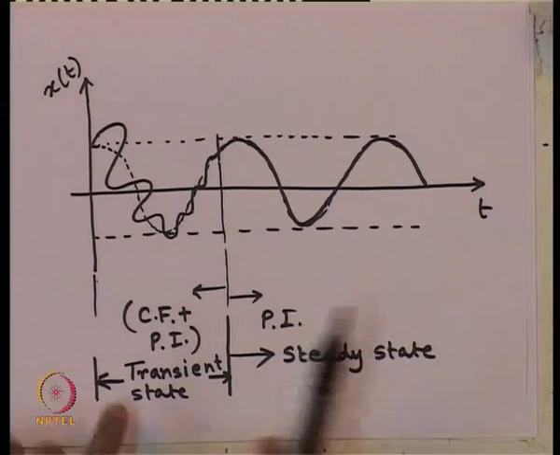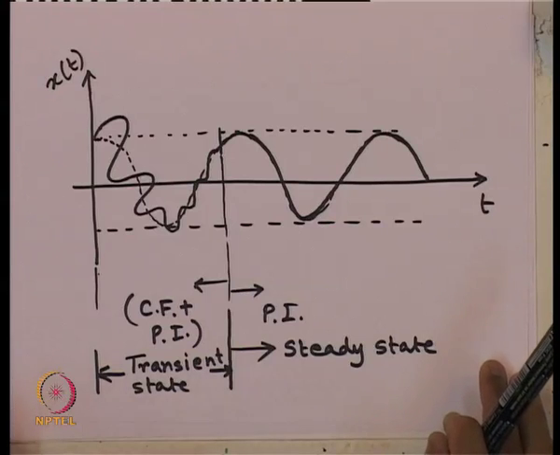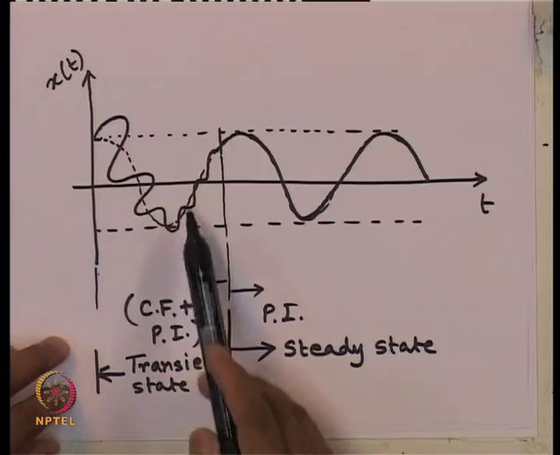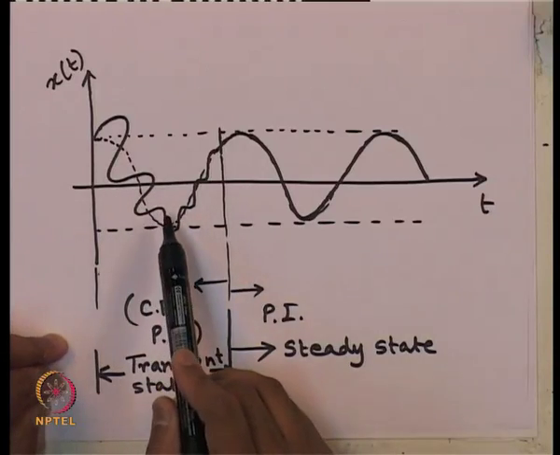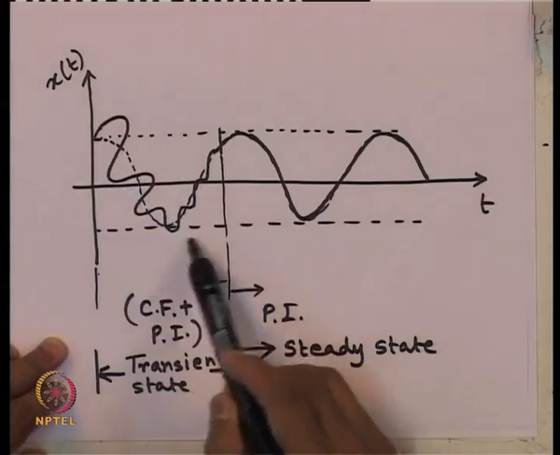And the transient state is that state of the system when the response is aperiodic, that is, the effect of initial conditions is present. Because in this case all effects of x naught dot, everything, are present, and the response is aperiodic.